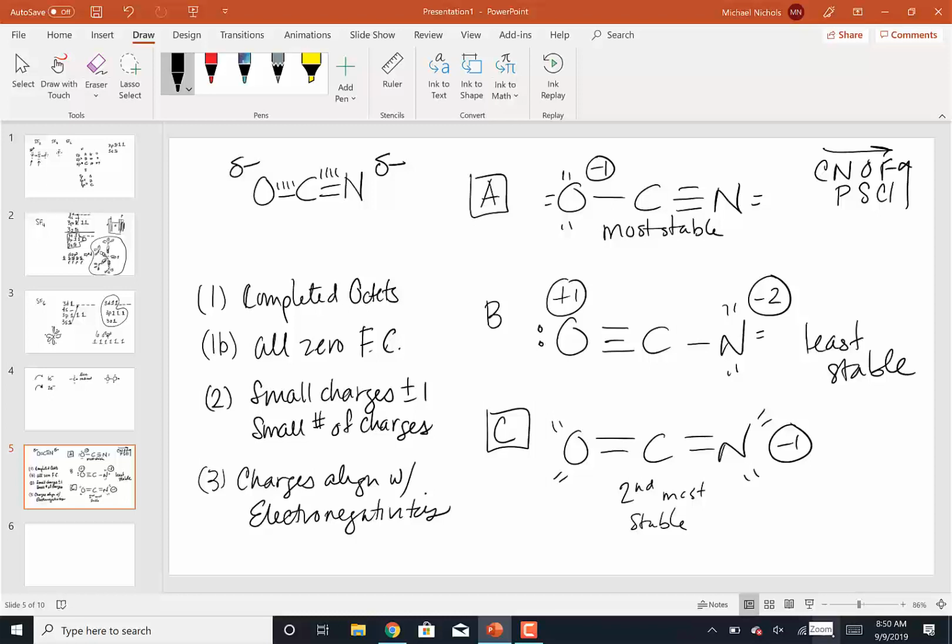What's the reality in that? The reality in that is that if I actually had that ion in real life, it's going to be the hybrid. The carbon-oxygen bond is going to be somewhere between a single bond and a double bond in terms of its length. The CN bond is going to be somewhere between a double bond and a triple bond in length.